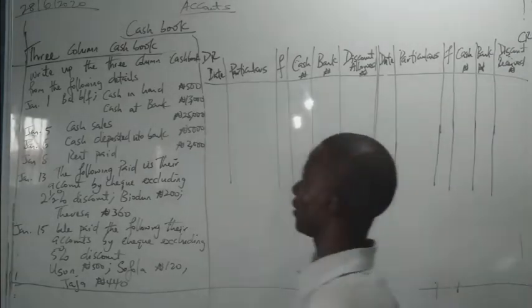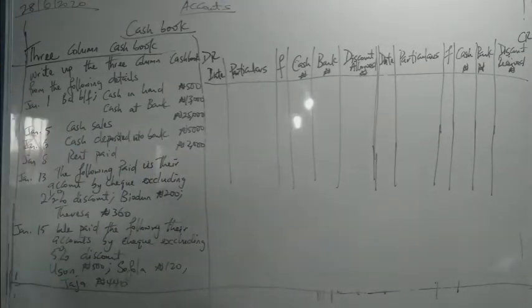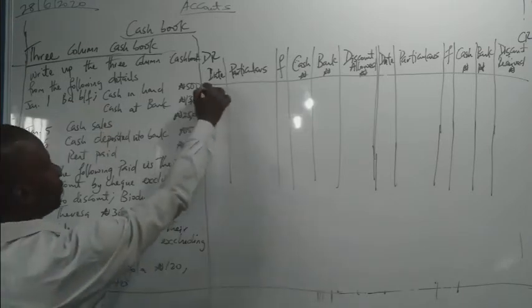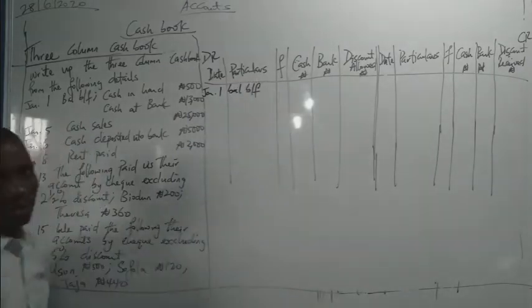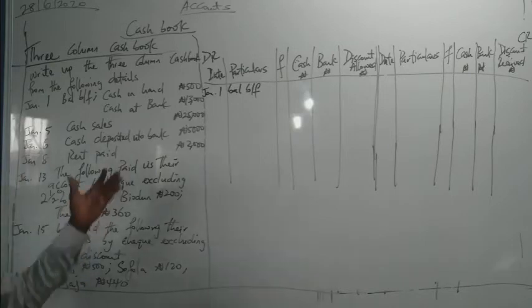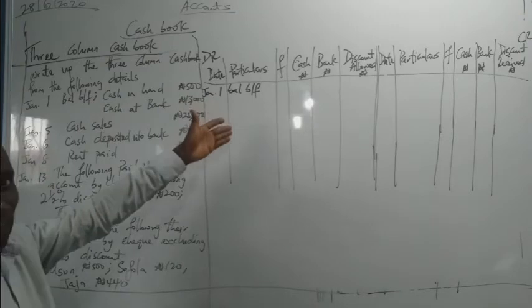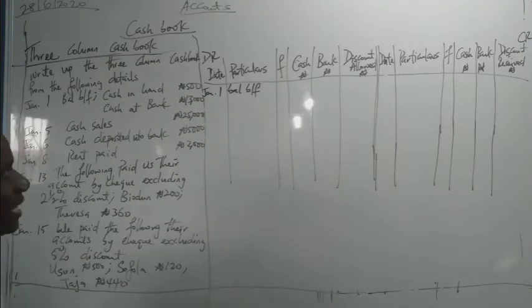Okay? Now let's look at the transaction. Write off the 3-column cash book from the following details. January 1st, balance brought forward. That is opening balance. Now, why do you always put it on the debit side? It is assumed that the cash book, which involves both the cash and bank account, is an asset.